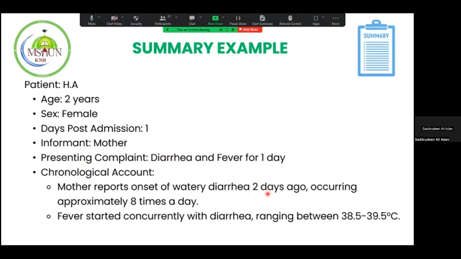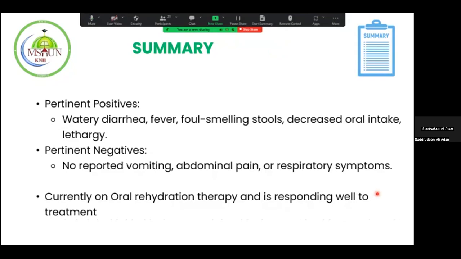The mother also reports a fever that started concurrently with the diarrhea, ranging between 38.5 to 39.8 degrees Celsius. There was watery diarrhea with fever, foul-smelling stools, decreased oral intake, and lethargy. However, there was no reported vomiting, abdominal pain, or respiratory symptoms. The patient is currently on oral rehydration therapy and is responding well to treatment.